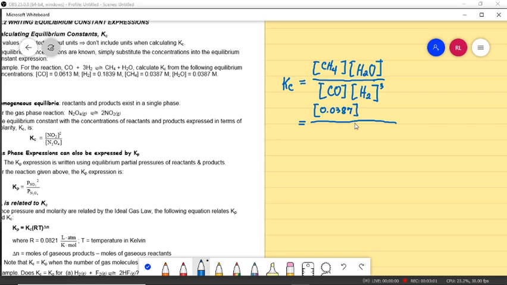Later we will discuss if we are really to consider the units. Okay, let me just finish this one, divided by the concentration of your carbon monoxide, times the concentration of the hydrogen gas.